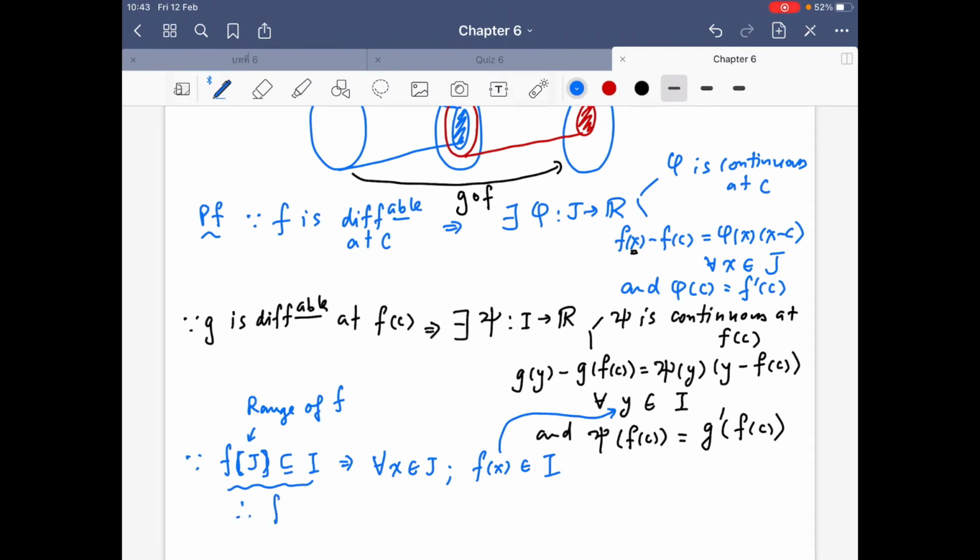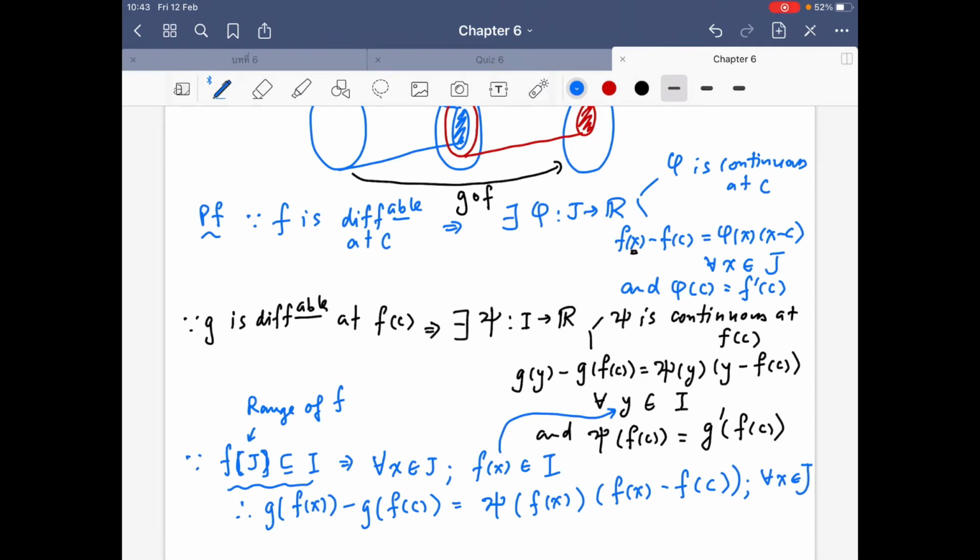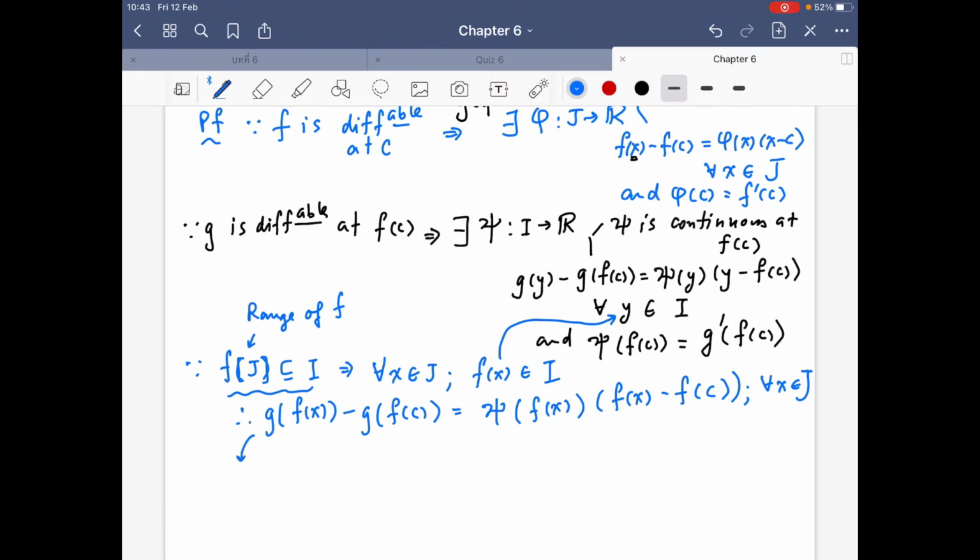So it means that g of f of x minus g at f(c) must be equal to psi at f of x times f of x minus f of c, for all x in the interval J. So what is this expression? It is actually the composite of g and f at the point x, minus the composite of g and f at the point c.